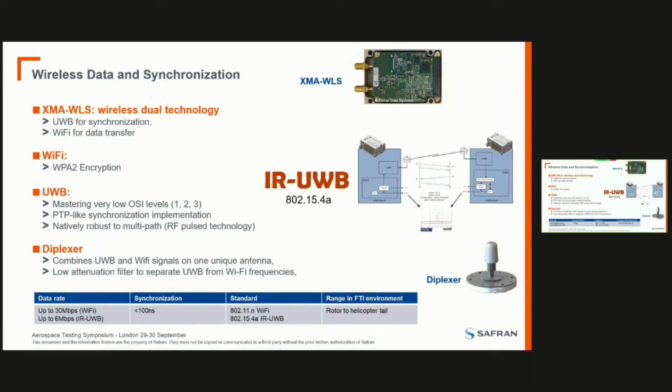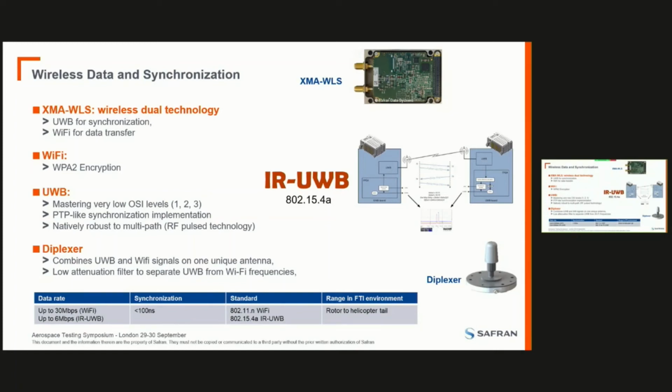And so we have added the impulse radio ultra-wideband to this radio solution in order to provide very efficient radio synchronization based on the PTP, the Precision Time Protocol IEEE 1588 that you encounter on standard Ethernet communication.